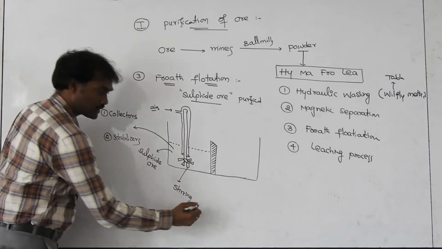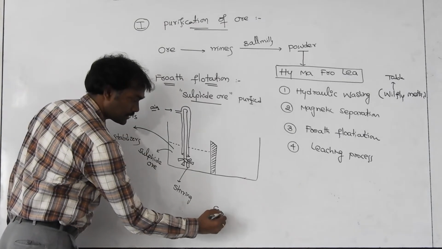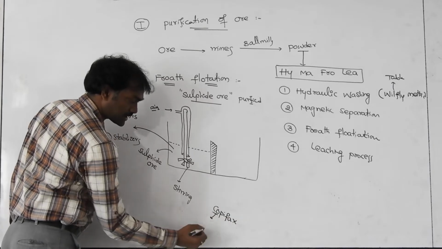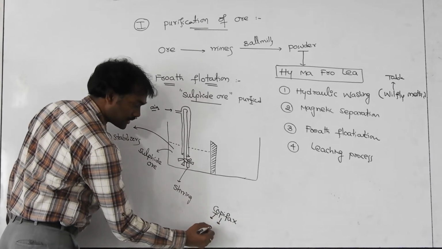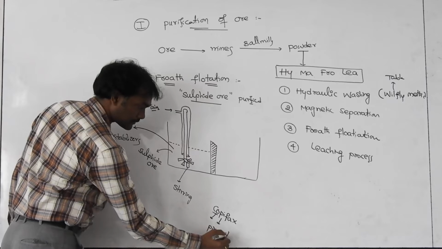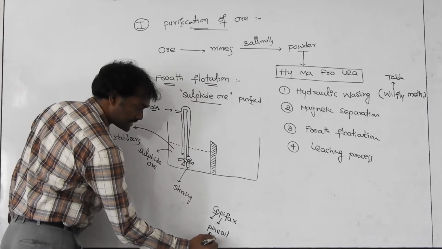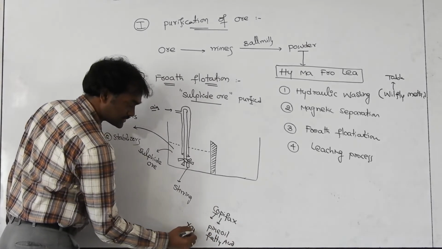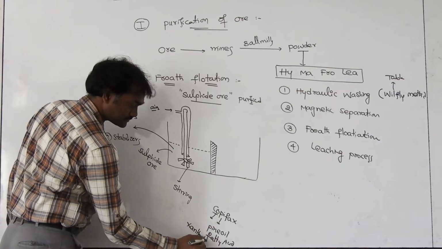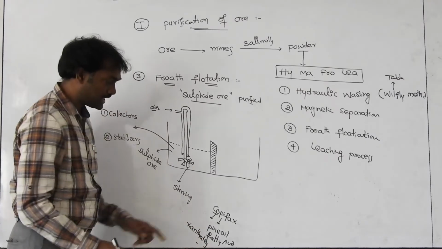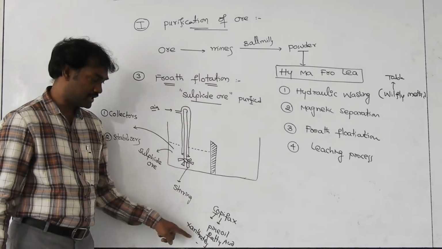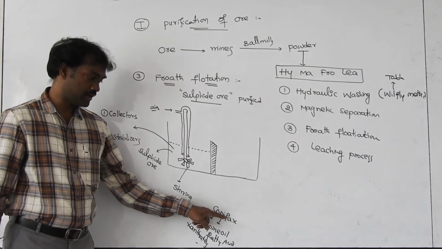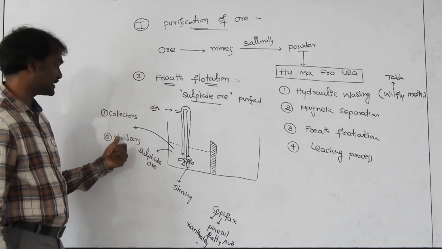You write them as copy facts: pine oil, fatty acids, xanthates. In your entrance exam, this is important. Collectors: pine oil, fatty acids, xanthates.